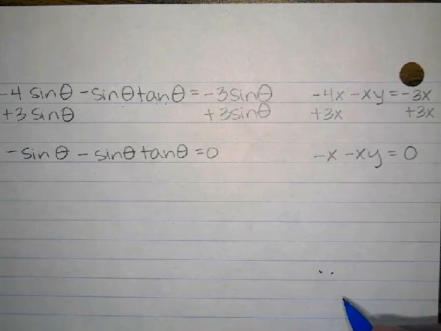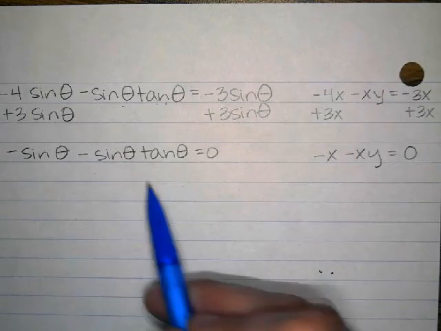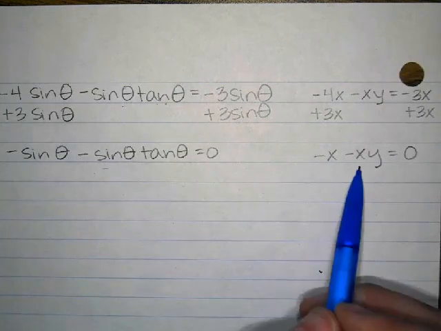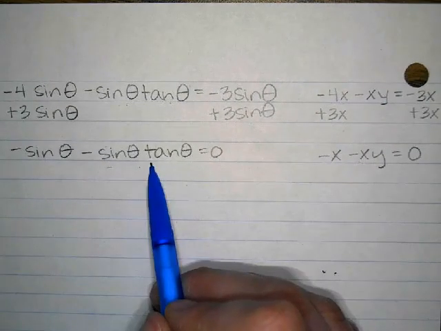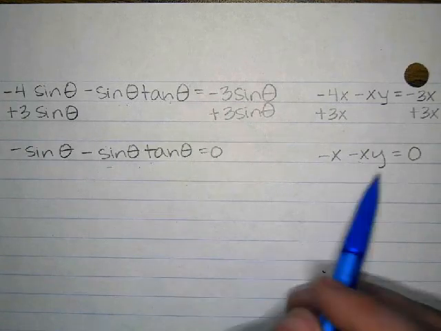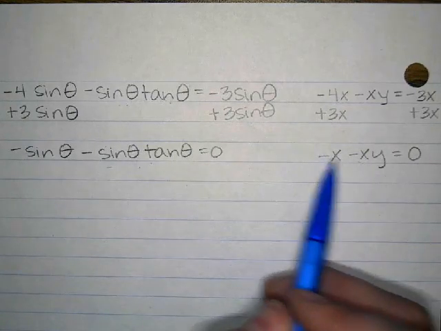So can you guys see what we should take out as a GCF? We should take out a negative sine. Does that make sense? So we've got a negative in each piece, and we've got a sine in each piece. So we're going to take out a negative sine.